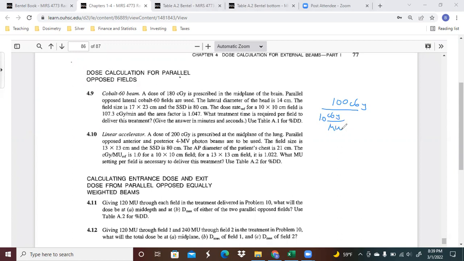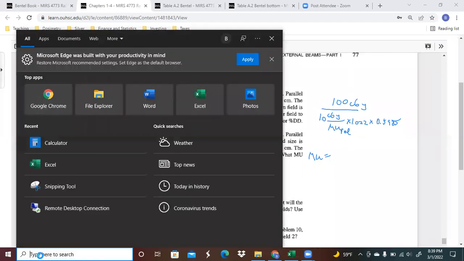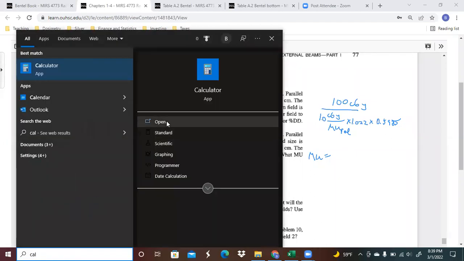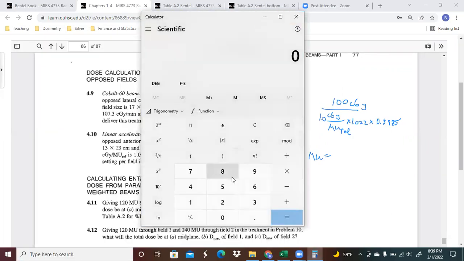MU ref times 1.022 times 0.5985. And so the MU is going to be equal to 100 divided by 1 times 1.022 times 0.5985.